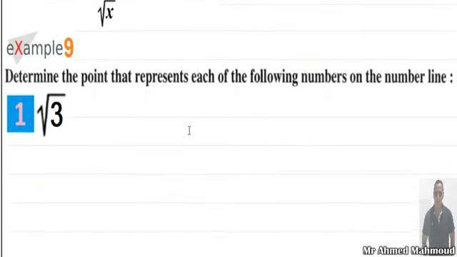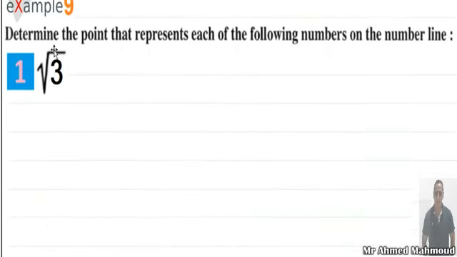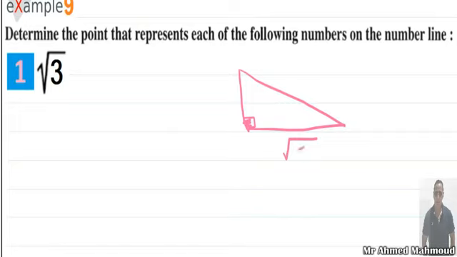Here we need to represent root 3 on the number line. I'm going to draw a right angle triangle like this. The side here equals root 3.